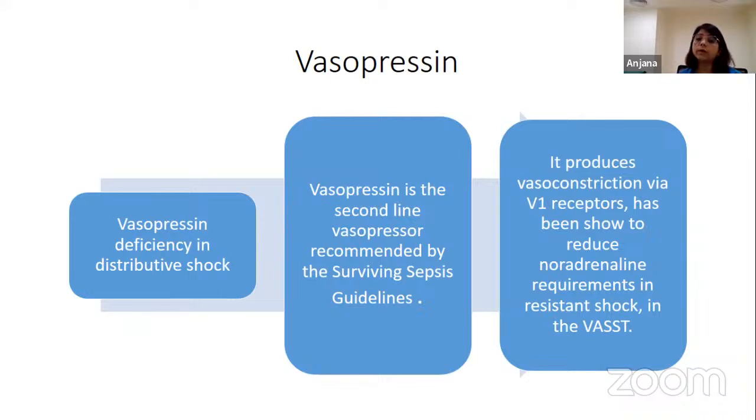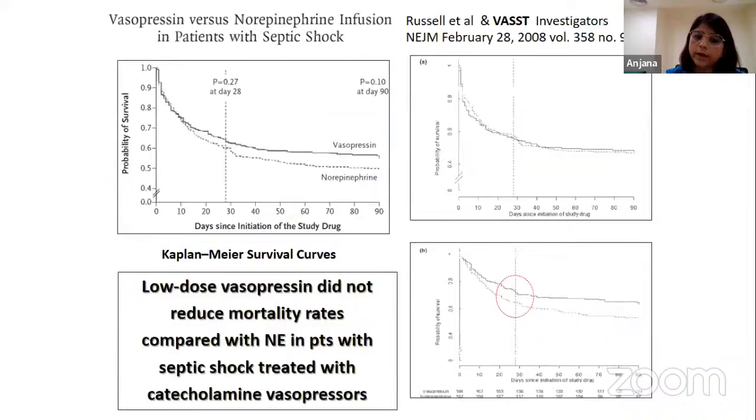But of course, they saw that in the patients where vasopressin was given, it had a norepinephrine sparing effect. Basically, those patients required a lesser dose of noradrenaline after adding vasopressin, but there was no mortality benefit.